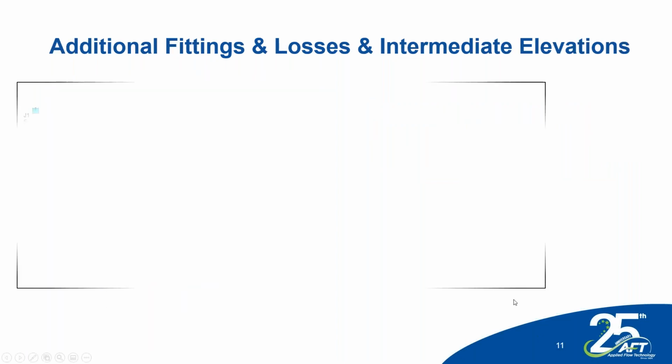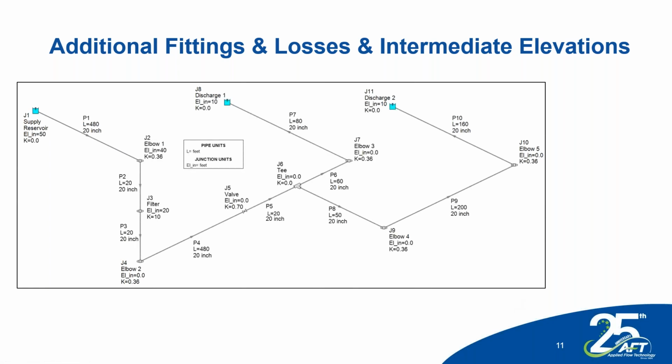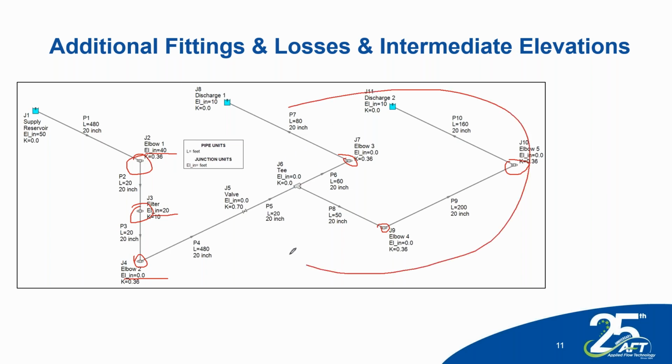Now, let's talk about what I'm mentioning here when people feel the need to model every single fitting explicitly. You know, elbow, filter, here's another elbow, an elbow, here's another elbow, another elbow. And with the way that I drew the model, they're also at different elevations, 40 feet, 20 feet, 0 feet. And then all of these are in a horizontal plane.